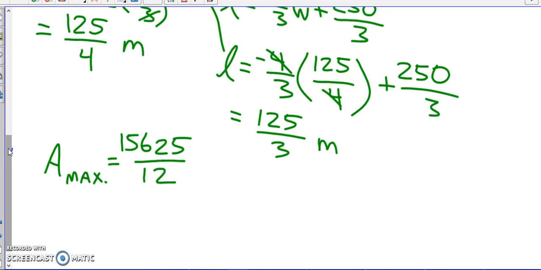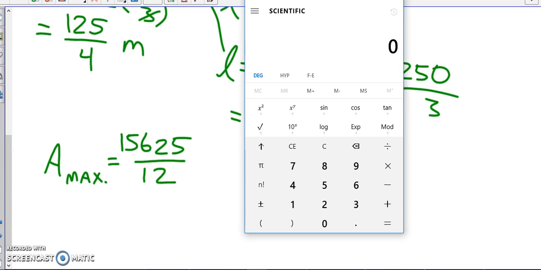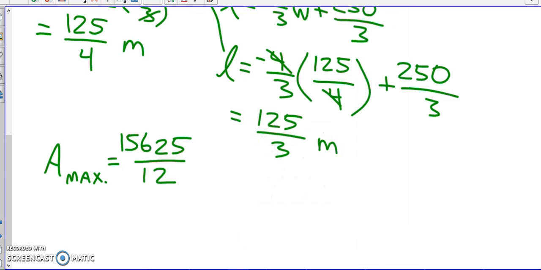If you don't believe me, check this out. What would this guy be measured in? Yeah, square meters. And that's how it's done.